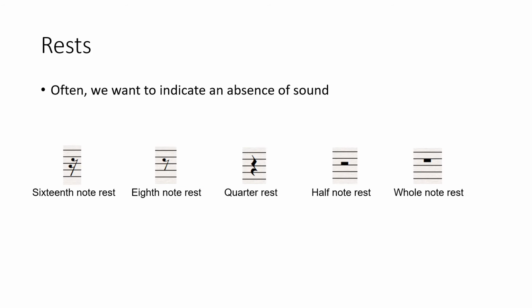Now, when we discuss the idea of music, we also have the absence of noise, which are known as rests. They're sections where the musician isn't playing anything at all. So similar to our previous slide where we talked about the different types of notes, each of these rests follows suit.